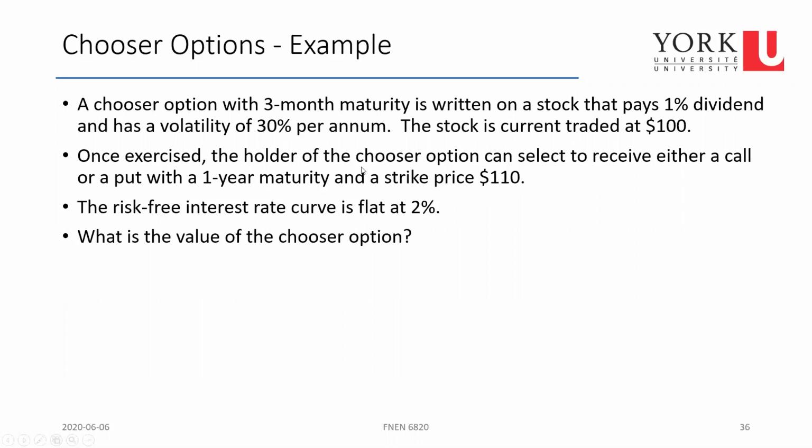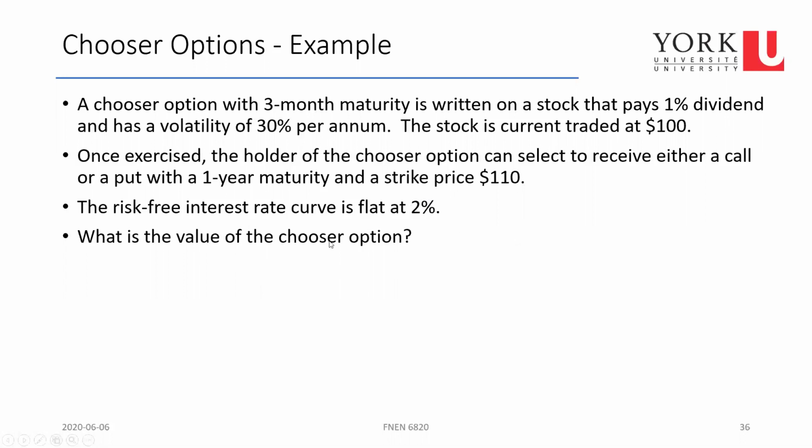Once it's exercised at maturity 3 months later, the put or the call will have 1 year maturity and a strike price of $110. The risk-free rate is flat at 2%, which means the annual rate is always 2% regardless of the term.